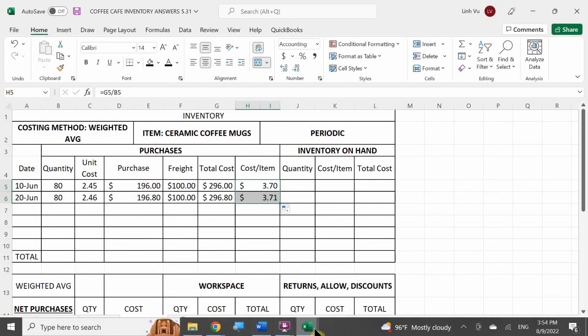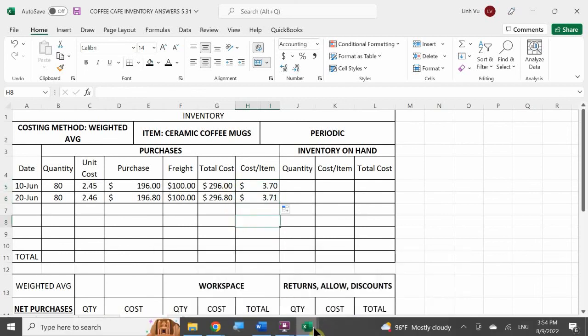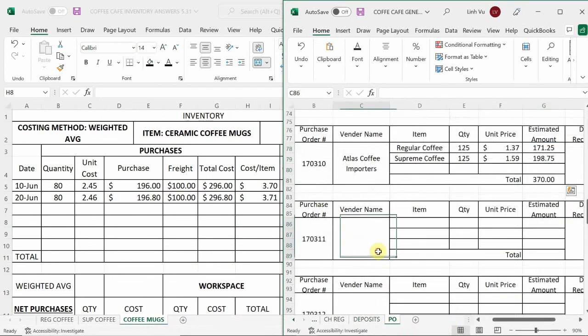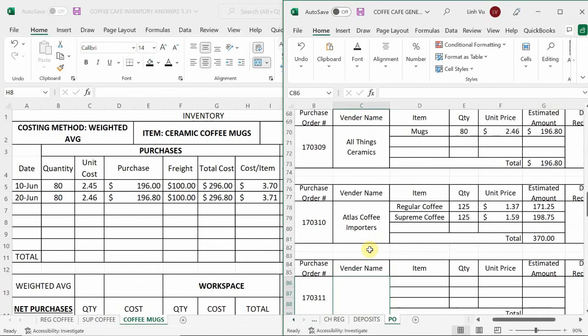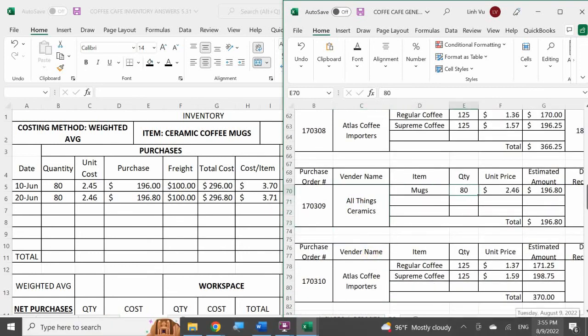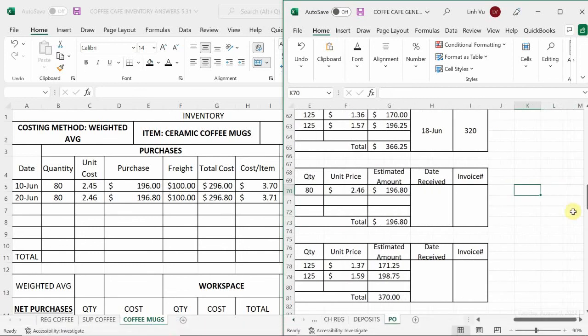Oh, did we have a purchase order on that? Because we need to mark that it was received. Awesome. Okay, good. So that's also what we have to do, to ensure that we received our order from All Things Ceramics. So here it is, All Things Ceramics, 80 coffee mugs for that $196.80.